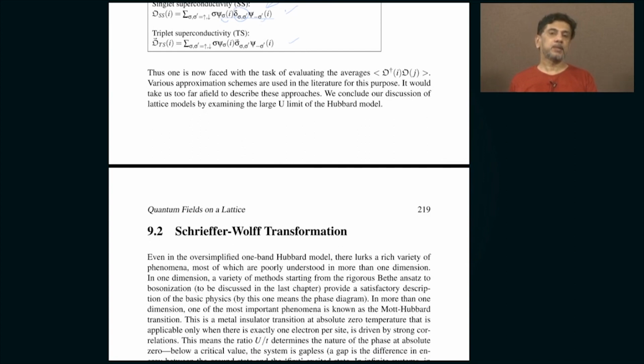Okay. So, that means models that describe ferromagnetism, antiferromagnetism and so on, that is magnetic insulators, can be obtained by studying a suitable limit of the Hubbard model.